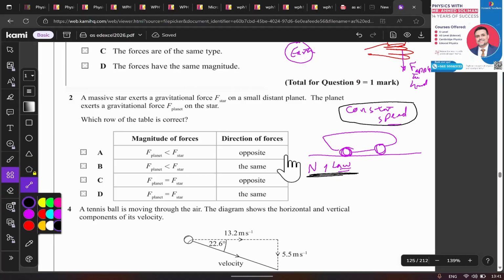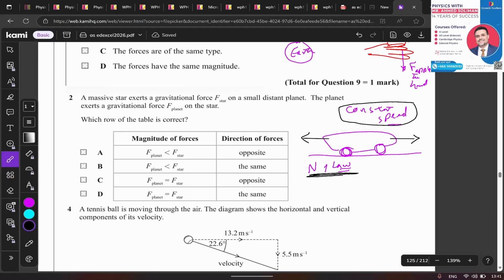Weight, air resistance, and the forward force in the direction of motion. So we have the applied force and we have a resistance of equal size and opposite direction, and also we have the weight and the reaction force.